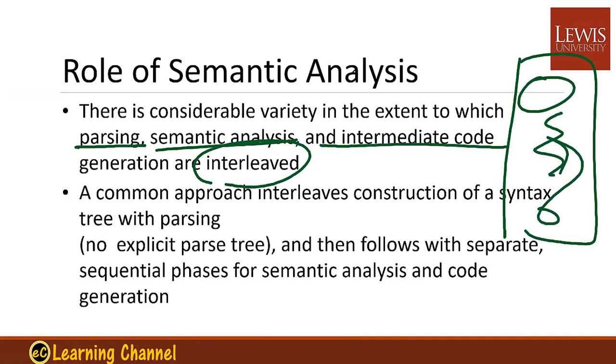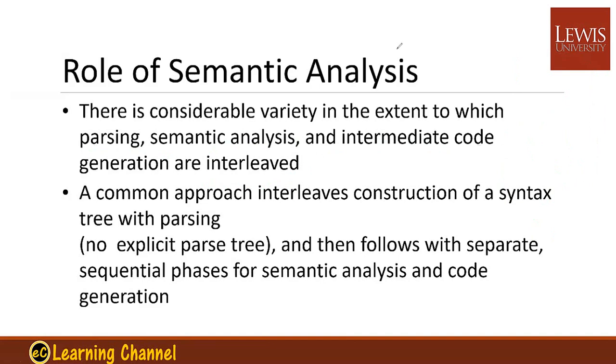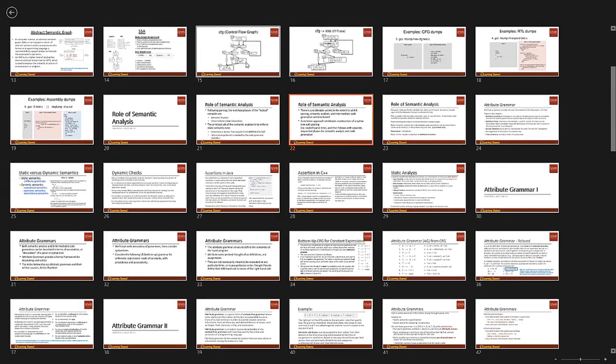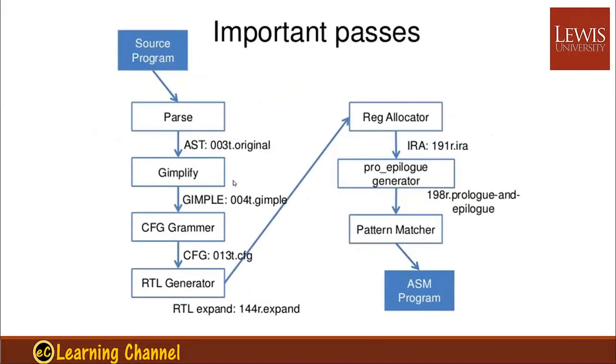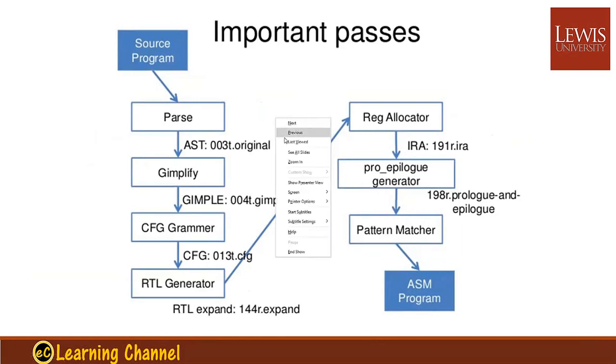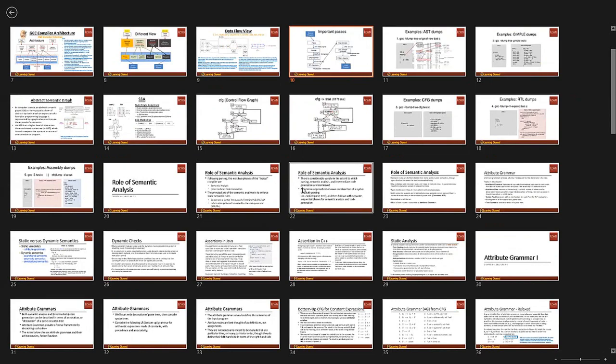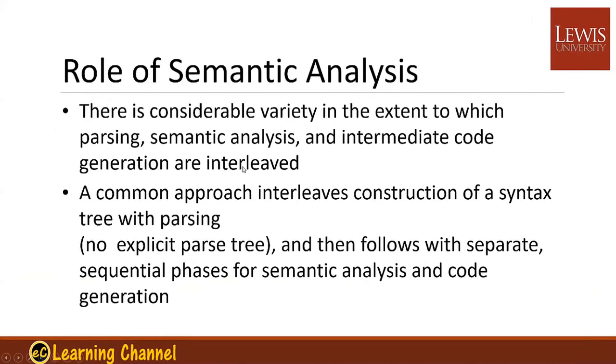You cannot really tell which one is semantic analysis and which one is intermediate code. Different compilers do different things, some do this first, some do that first, and it is really hard to tell you which is what stage.